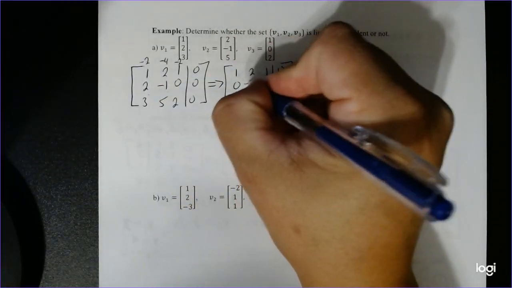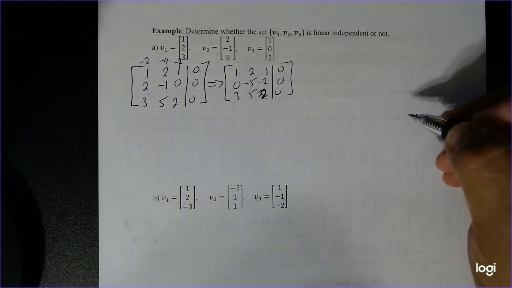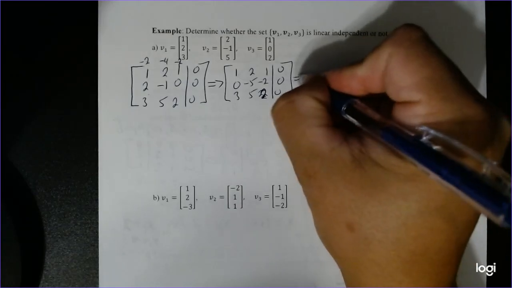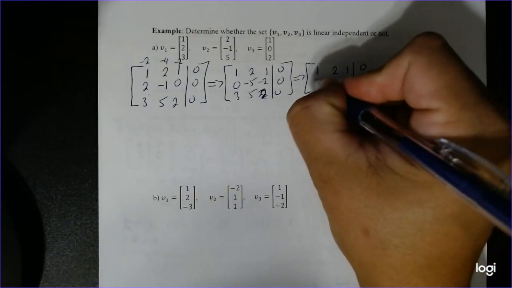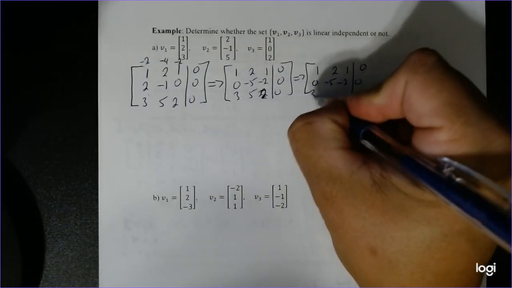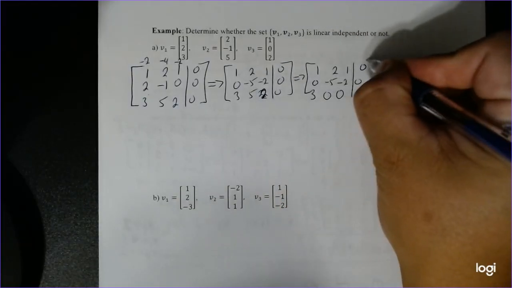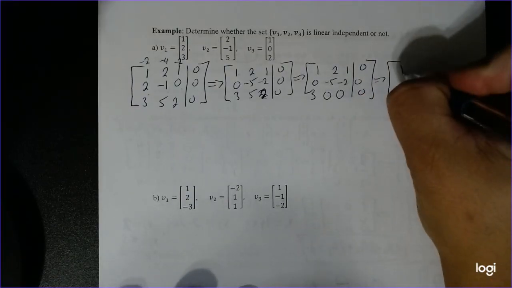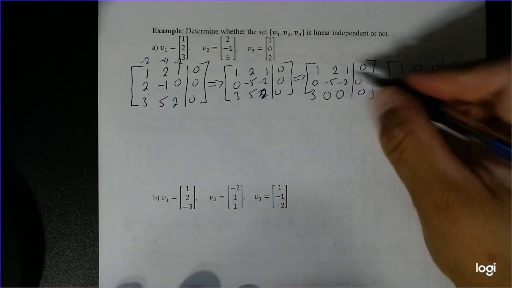Okay. Oh, that's nice. I can get rid of that right now. So yeah, let's do that. That gives me 3, 0, 0, and 0. So it looks like we just got one already. Bringing this up, you just divide by 3, and I'll bring everything down.